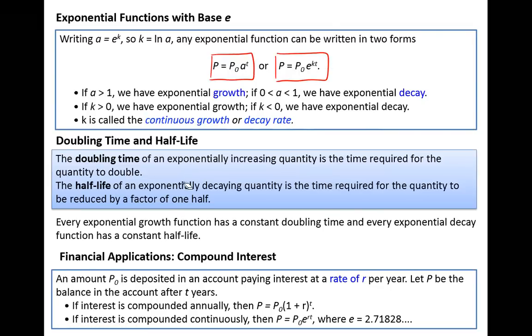And also we will talk about the doubling time and half time of the increase or decrease, growth or decay, and a little bit of compound interest. Like if the interest is compounded annually, or if the interest is compounded continuously, then we're always using the natural exponential function.